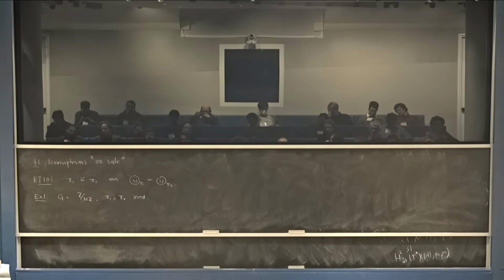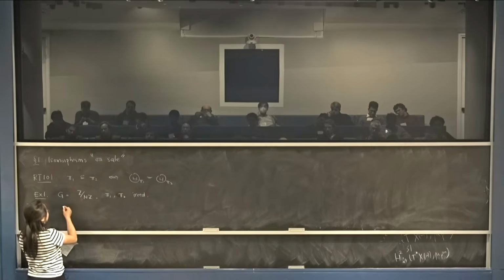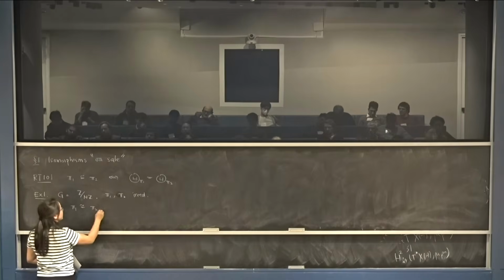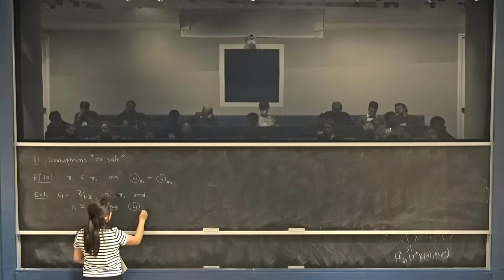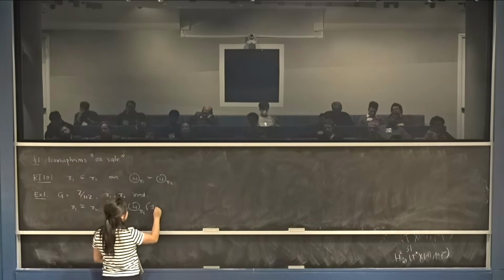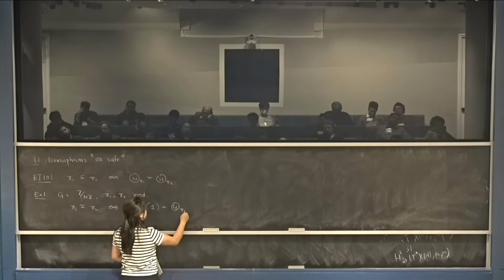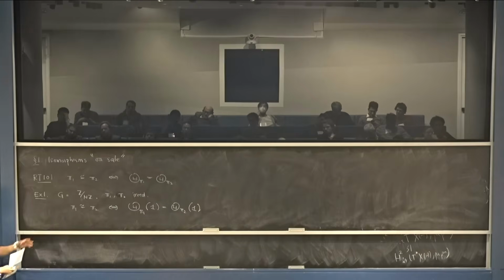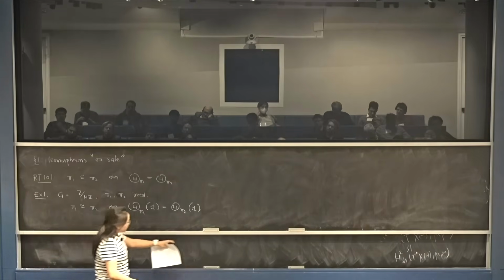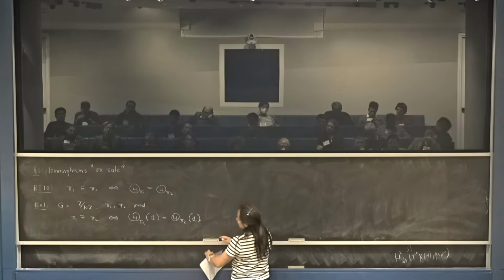And of course, if you have a cyclic group, then a homomorphism to C star is determined by where you send a generator. So an example of an isomorphism on sale statement is that pi1 is isomorphic to pi2 if and only if they agree at a generator. Of course the only-if direction is true, but I only have to check at a generator. This is a super baby example. There's very little content here, but I just want to give you some flavor of what isomorphism on sale means.